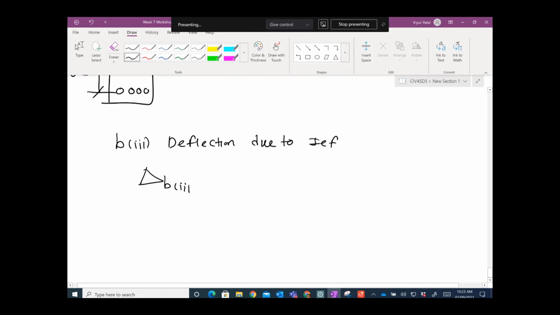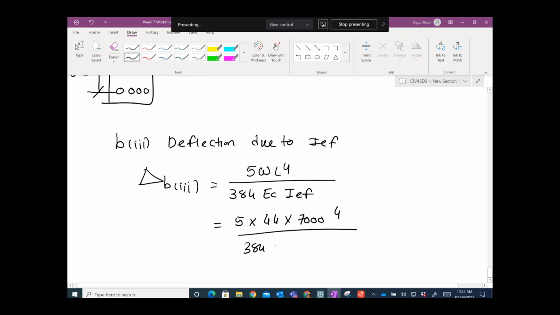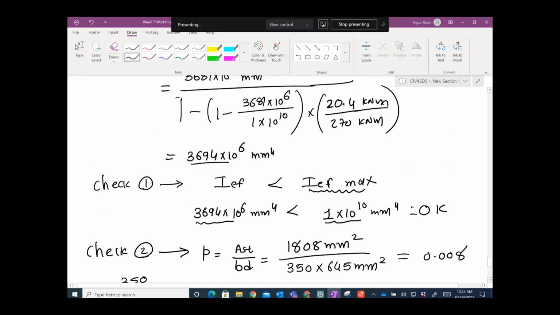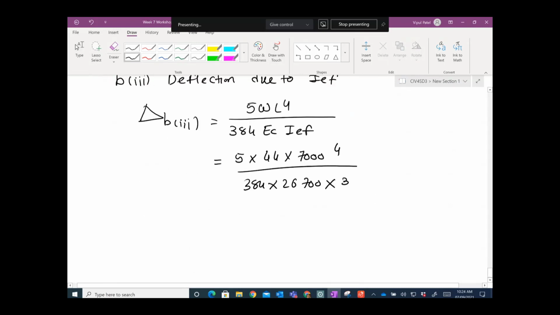Delta B3 equals 5WL to the power 4 over 384 EC I effective. So 5 times 4.4 times 7000 to the power 4 over 384 times 26700 times I effective, which we validated as 3694 times 10 raised to 6. If you simplify that, you will get 14 millimeters.